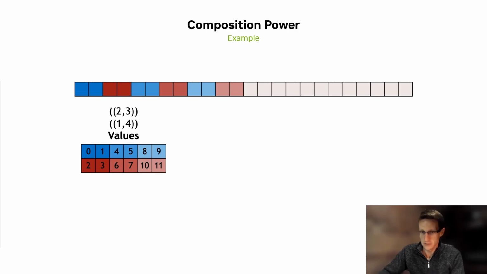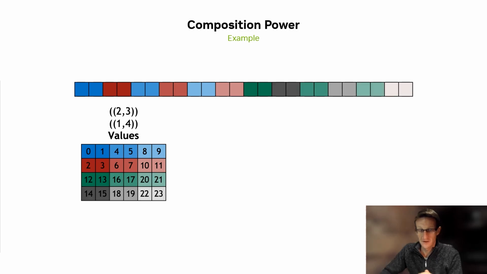What about the other elements? I can fit another set of 6 elements in between the others. And finally, I can fit another 2 sets of 6 after that. Here we have 4 sets of 6 elements in blue, red, green, and gray. I'll call those colors the threads.